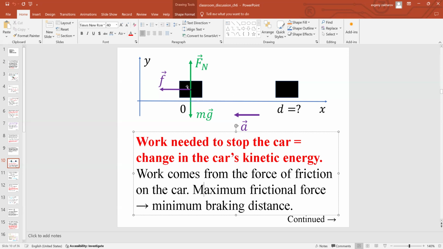Normal reaction force versus the displacement also perpendicular, and you have 90 degrees, cosine of 90 is 0, so work done by normal force is also 0. So it's the friction force that does work that is non-zero, and once you calculate the work done, we can do some comparison and analysis between the distance that the car travels before coming to a stop.